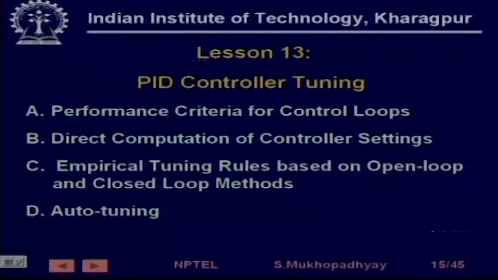So it is very important to have control loops well tuned so that efficiency of production can be achieved. We looked at various methods of tuning, starting from analytical computation based on models, then empirical tuning, which is based on experimental results, and finally we took a look at auto tuning.